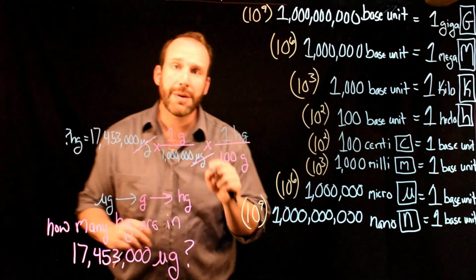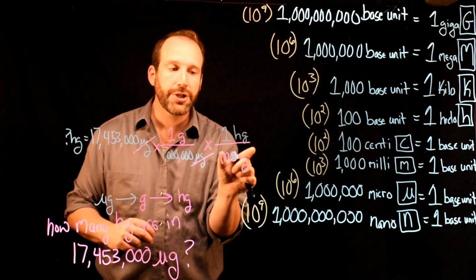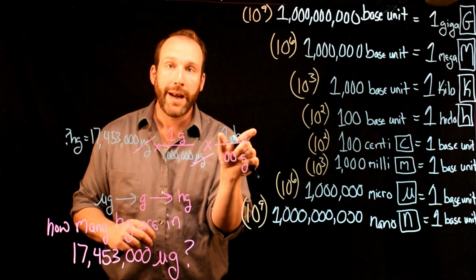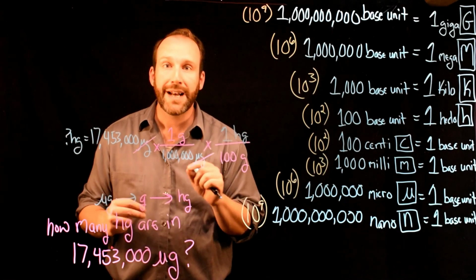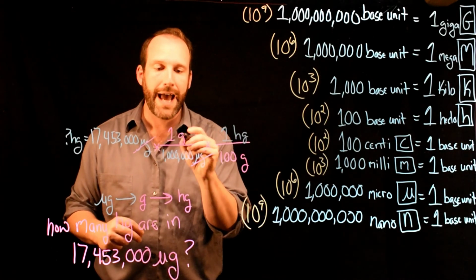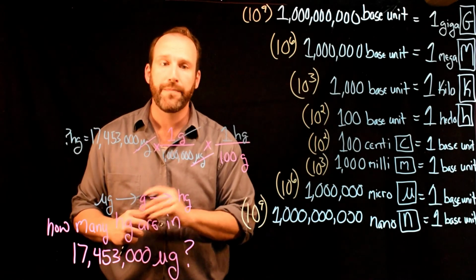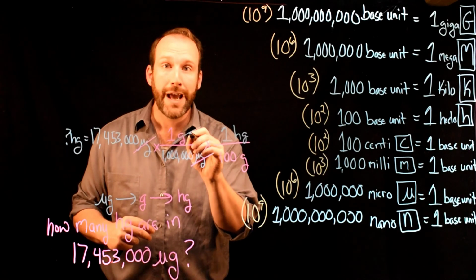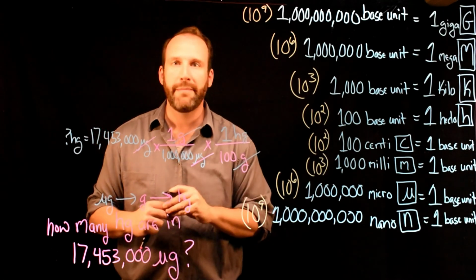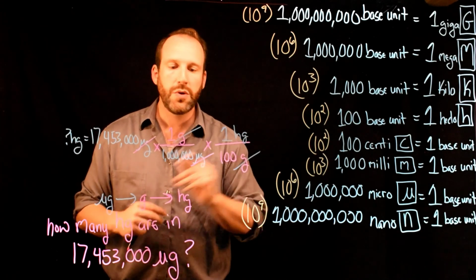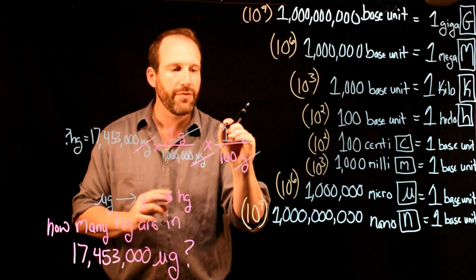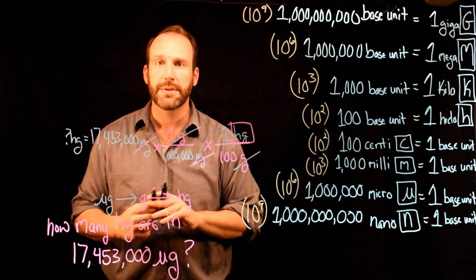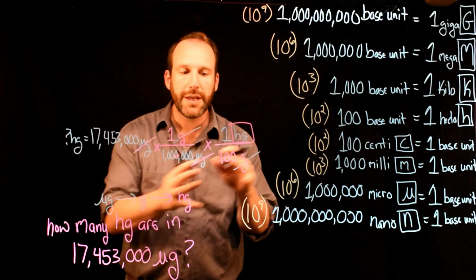You notice what I did here: I chose to put this fraction in this order with the 1 hectogram on the top and the 100 grams on the bottom. The reason is so that in the end I would have the unit gram in the numerator and the unit gram in the denominator. Those two units will cancel out, and now the only unit that I have left is hectograms. So now all the units are taken care of.